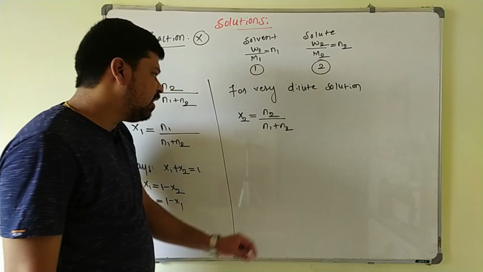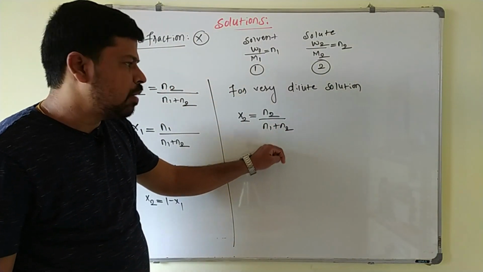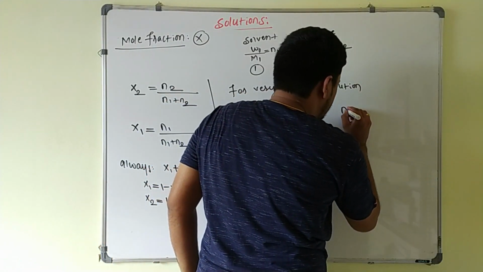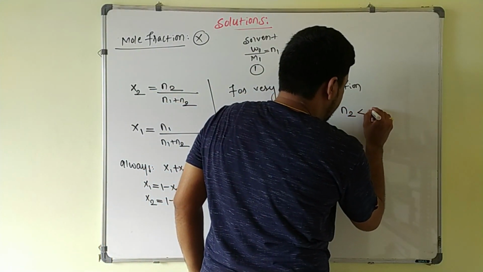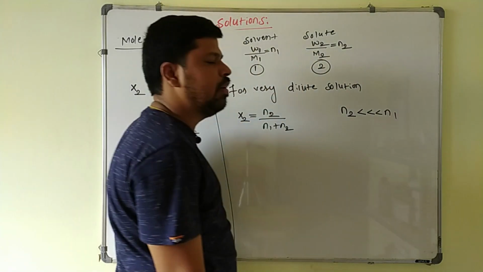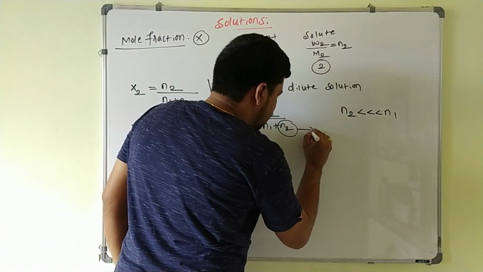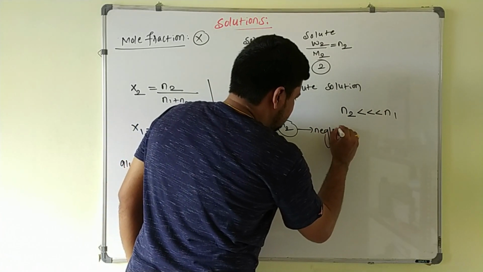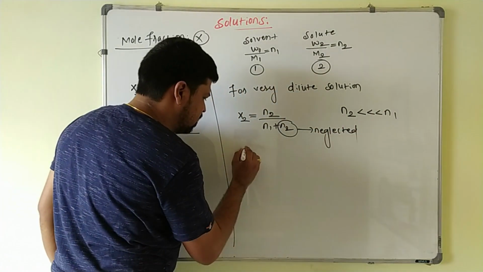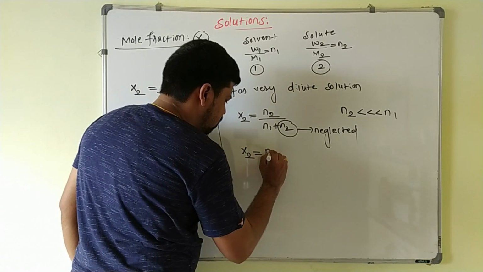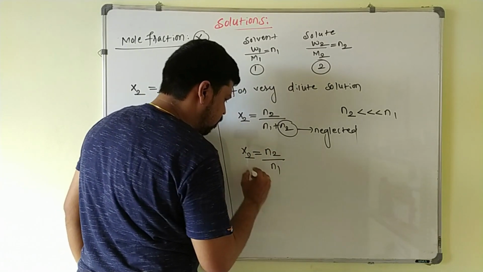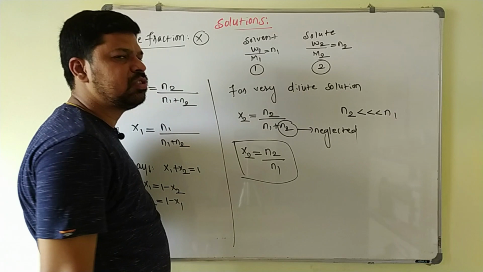In the denominator, N2 can be neglected, since for a very dilute solution N2 is very less than N1. So X2 becomes N2 divided by N1 for a very dilute solution.